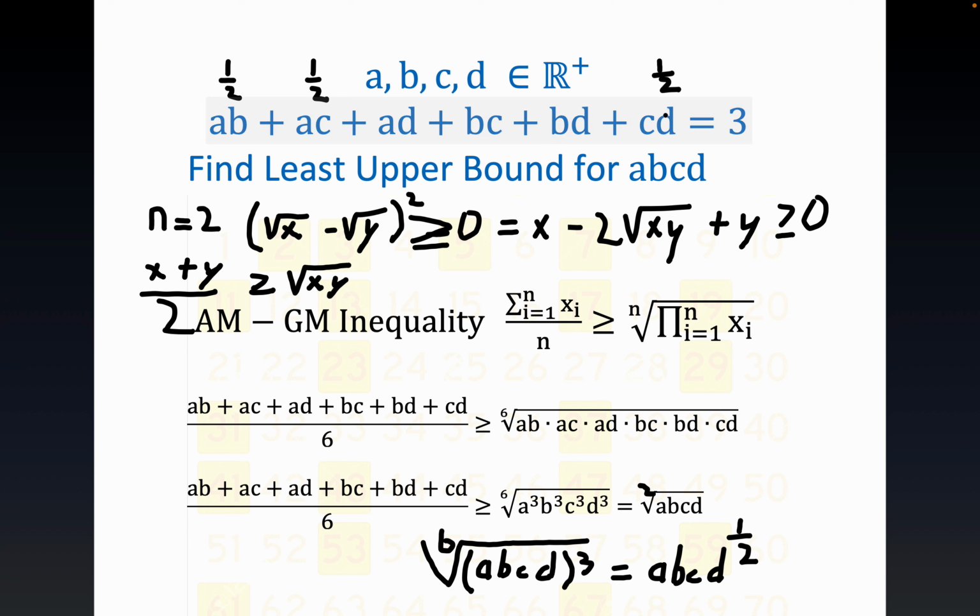This would imply that C equals D, and the same for the other variables, equals 1 over root 2, right? 1 over root 2 times 1 over root 2 is 1/2, right? So the equality condition actually occurs when A, B, C, and D are equal to 1 over root 2, and their pairwise products are 1/2.